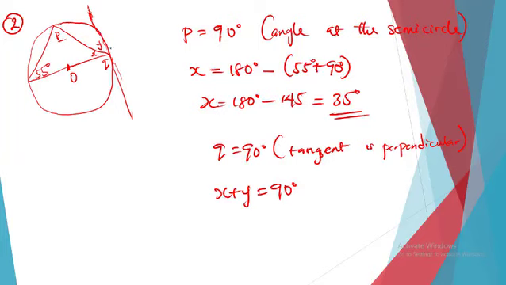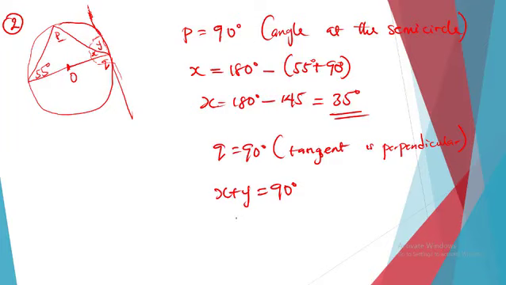Since the angle here is equal to 180, angle on a straight line, is that correct? X plus Y plus Z will give us 180. And remember, Q already is 90, so X plus Y is equal to 90.